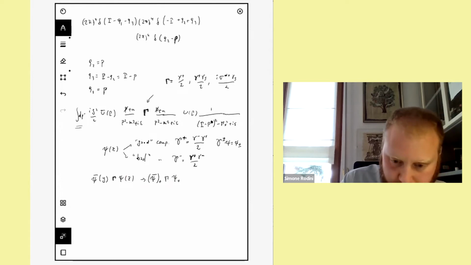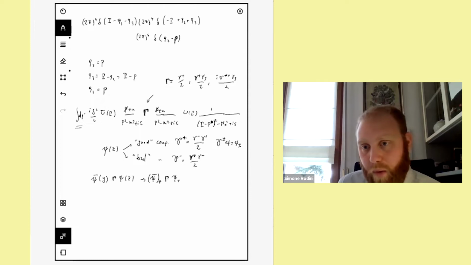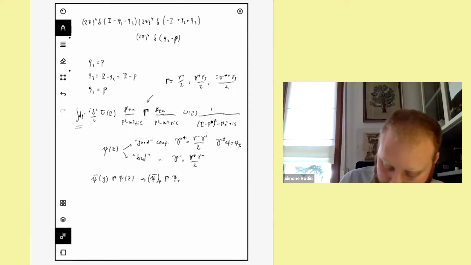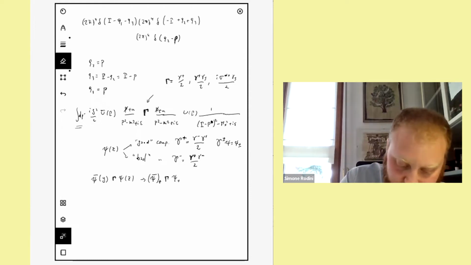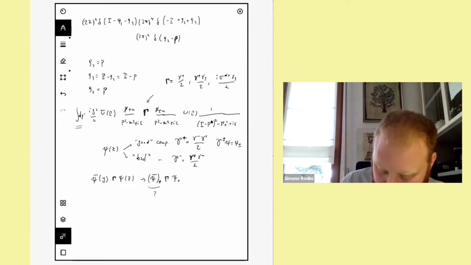Better? Yes. Okay. So you can convince yourself of this, but this notation is kind of questionable.